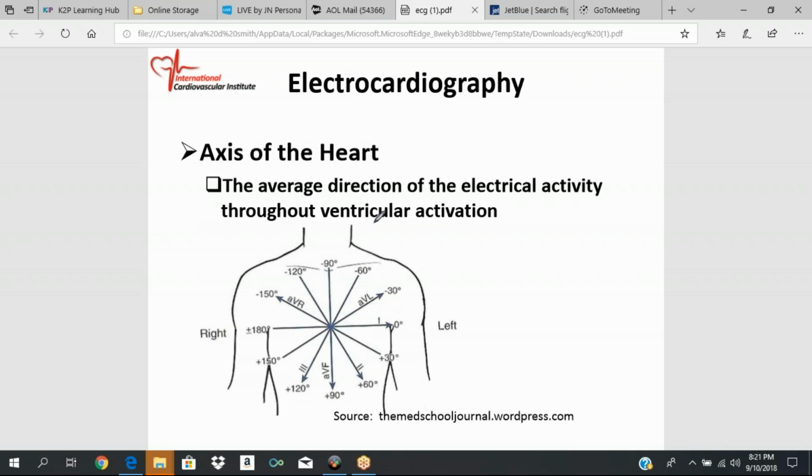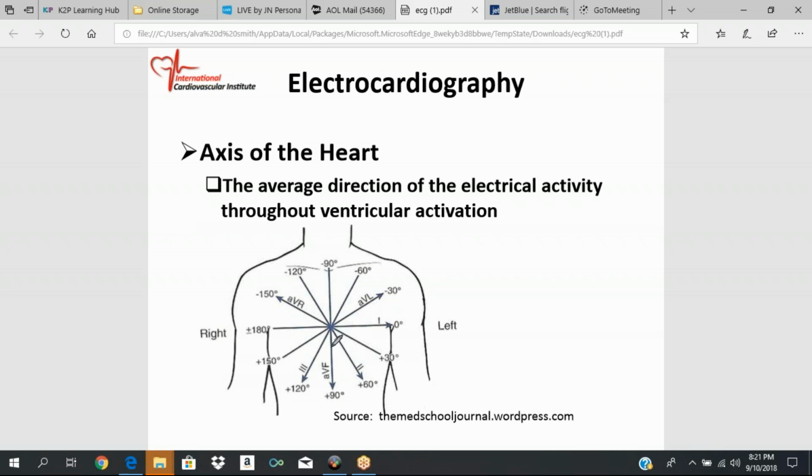Okay, the electrical axis. Now you see we have this circular configuration, and there are certain degrees assigned to it, and you're going to have to know this. Whenever I teach this subject, I always tell the students you basically have to draw this, take a picture, whatever you need to do.